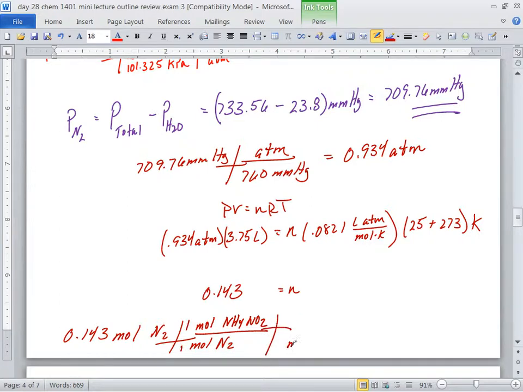And what's the molar mass of that? I think it's like 64. 64, wow, 32 plus 4 plus 20. Yeah, 64. So did you get like 9.15 grams?